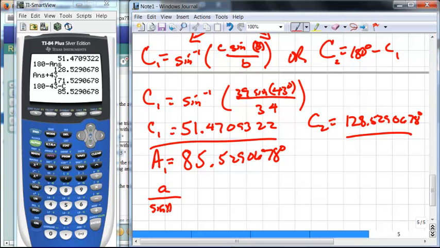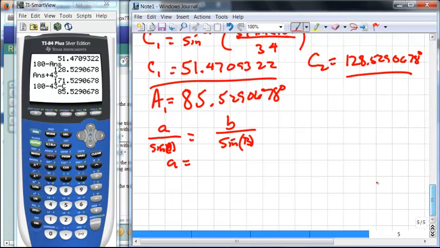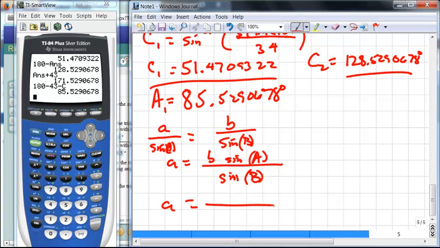We can find side A by law of sines or law of cosines, but A over sine of A is, let me go back to the one I knew to begin with, B over sine of B. So A is B sine of A over sine of B. What is side B?